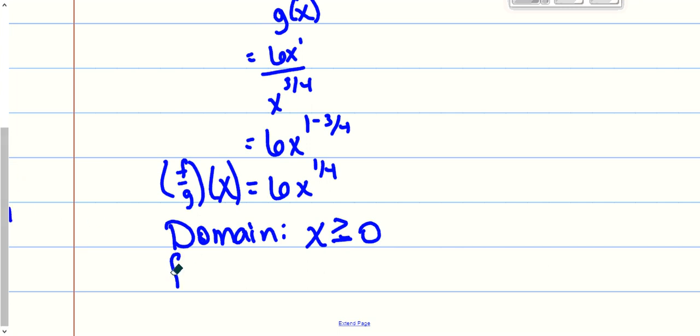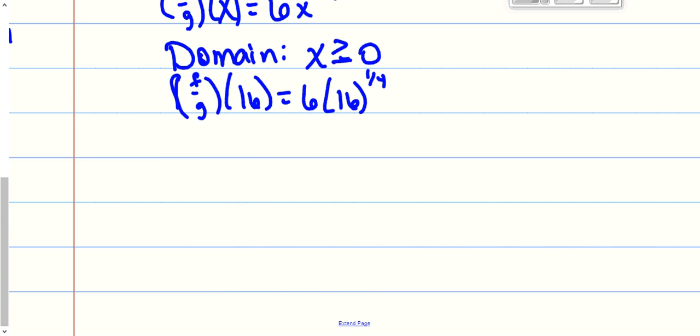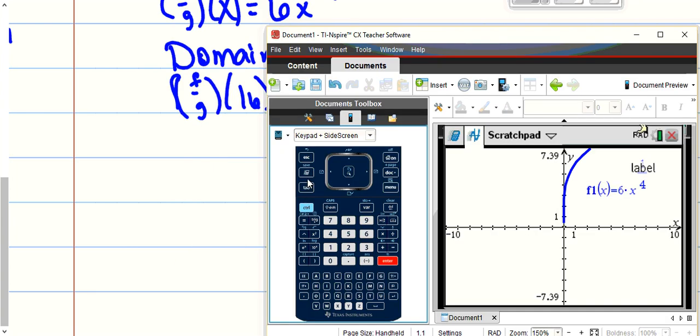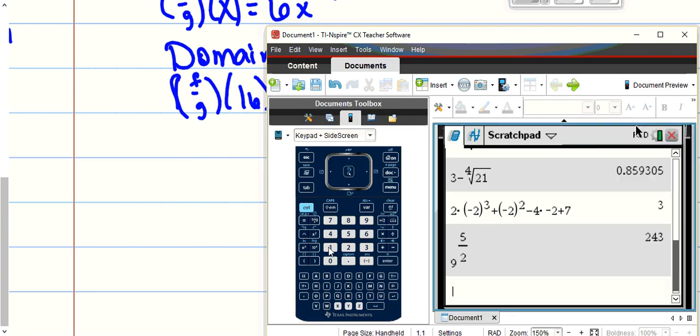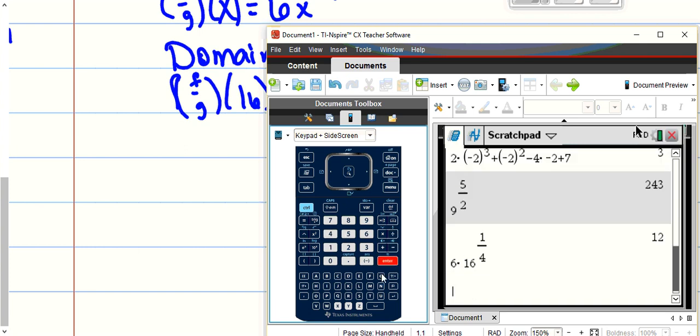So we have f divided by g of 16 is going to be 6 times 16 to the 1/4. Let's plug that into the calculator. So we have 6 times 16 to the 1/4, and that gives us 12.